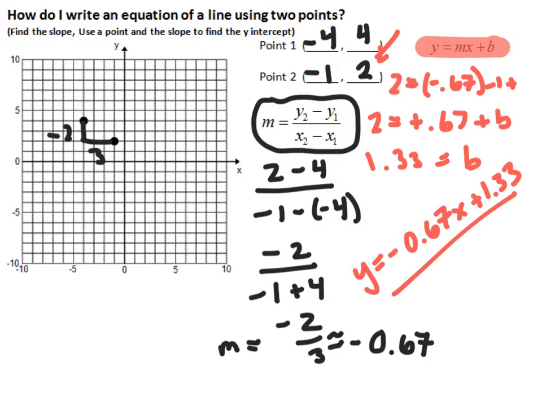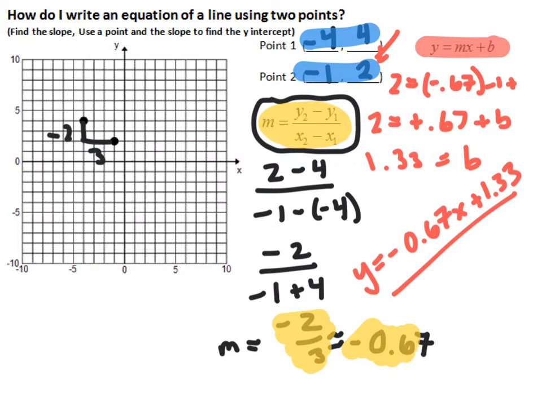Let me just go back through that again. The first thing we did is track down our 2 points. Then we calculated our slope, which came out to be this. And I think for scatter plots it's okay to go to a decimal, so I went to a decimal.